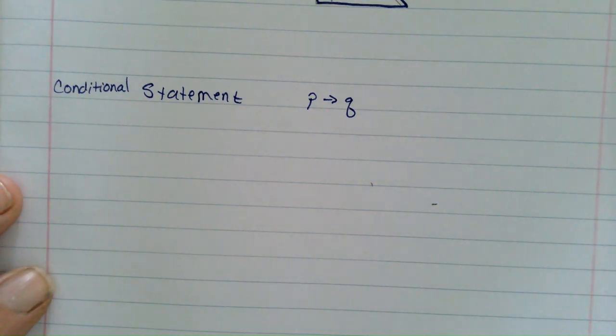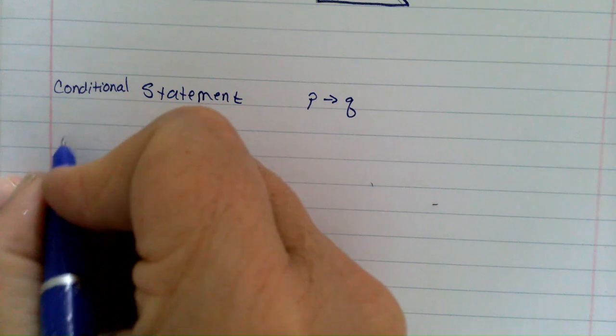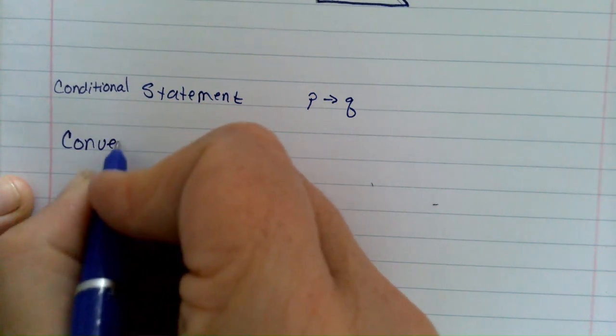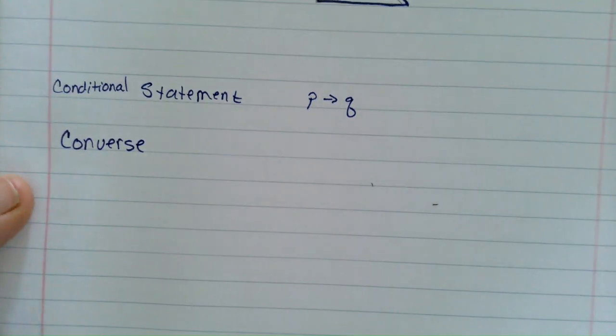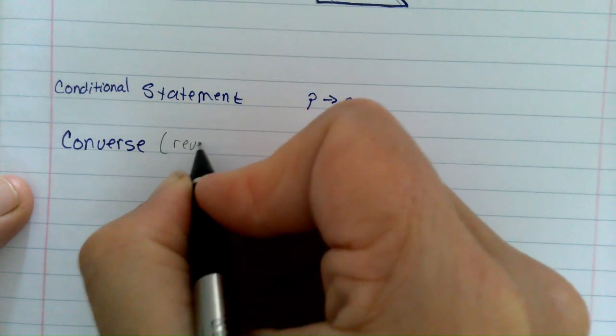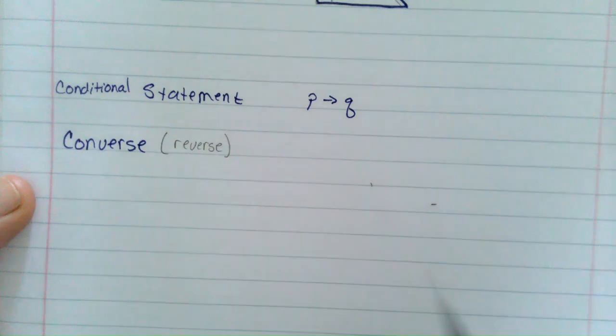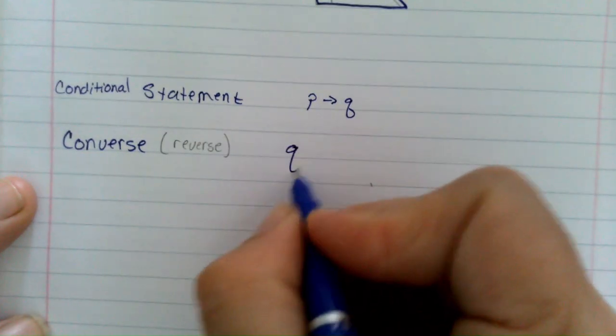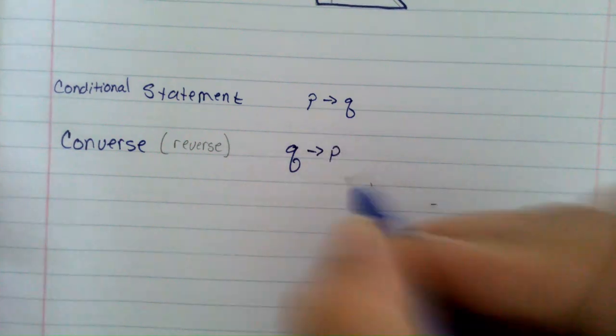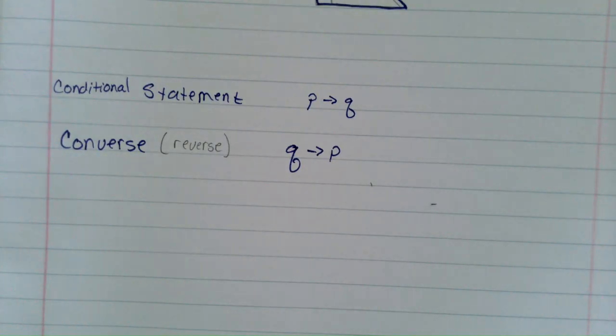It doesn't work 100% of the time. Now we have the converse. When we talk about a converse statement, I think reverse. If I reverse that, Q, then P. Well, now sometimes that's true when the conditional is not.